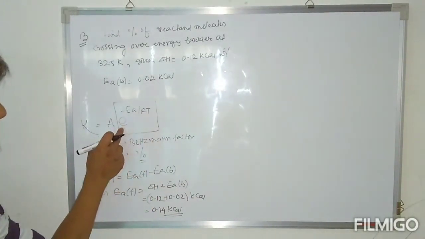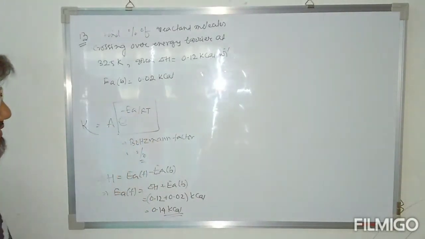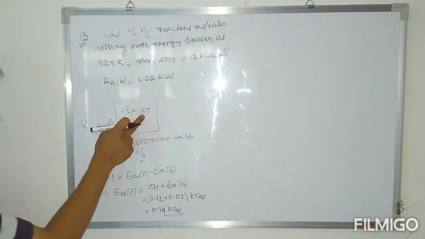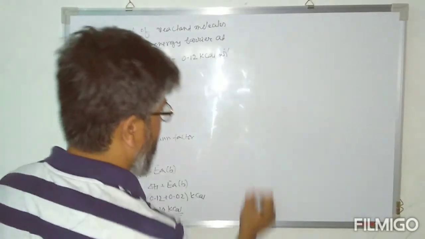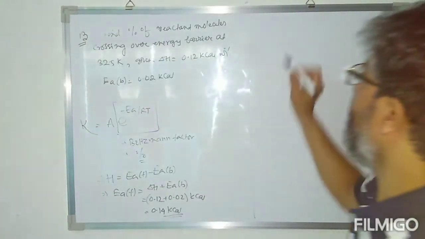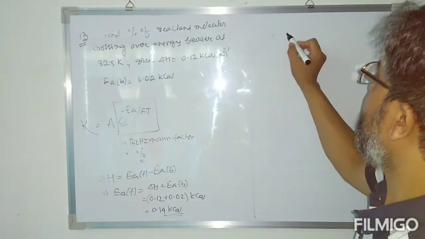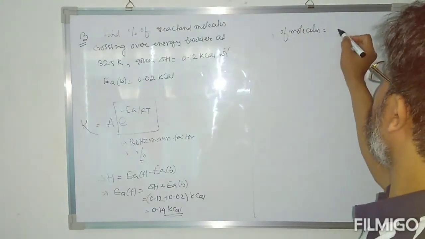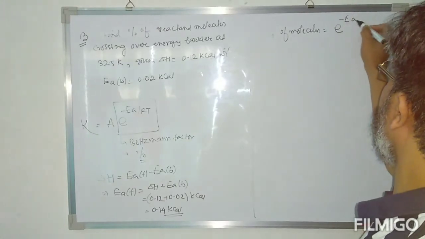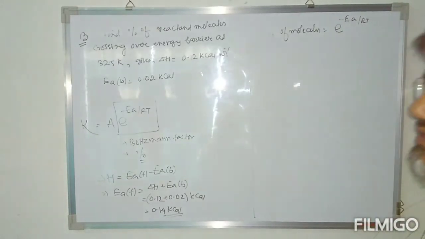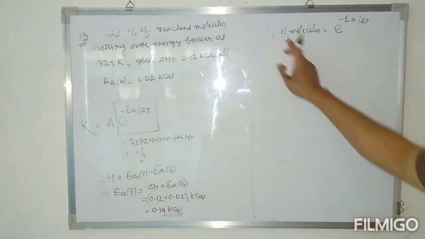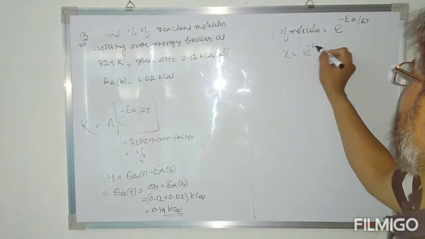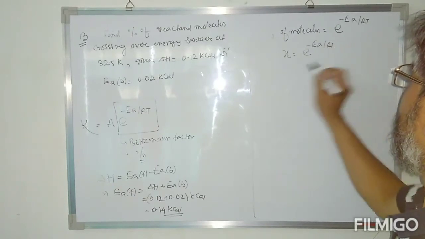Now we have to look at this exponential minus Ea by RT. We have the value of Ea, temperature is given, R is a constant, so we have to find this value. Therefore, percentage of molecules is equal to exponential minus Ea by RT. Let us say this is X. So X is equal to exponential minus Ea by RT.